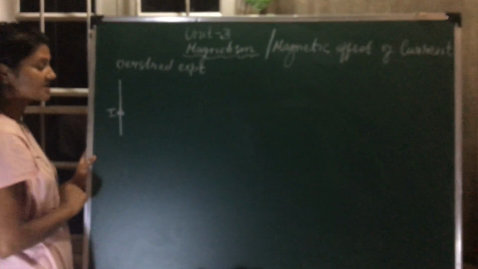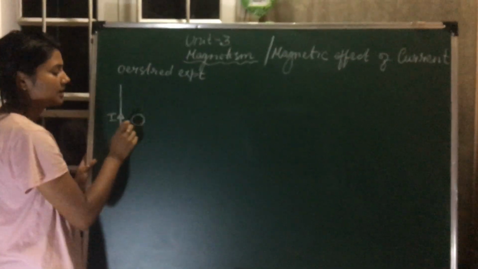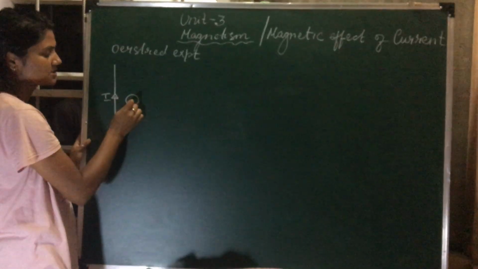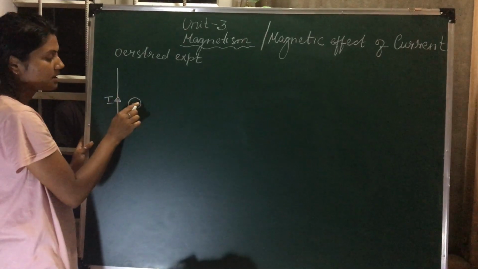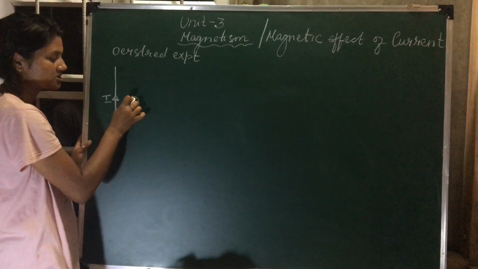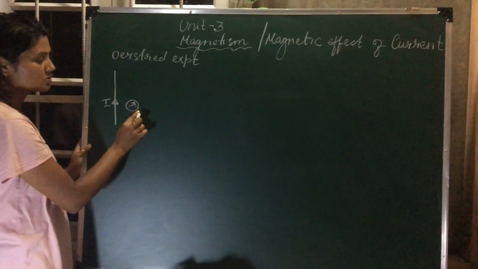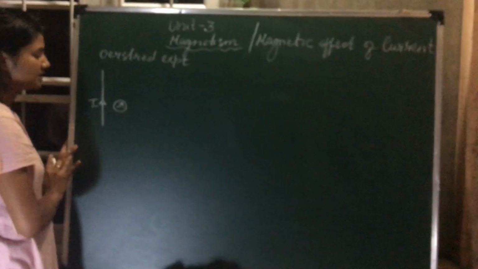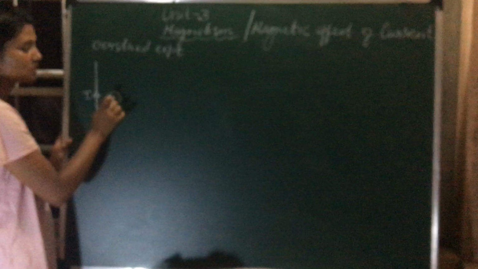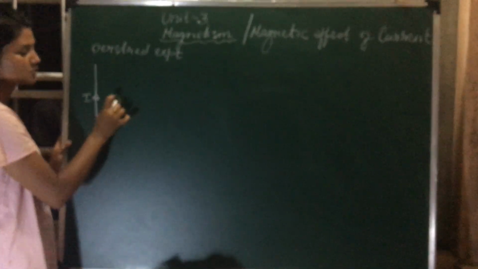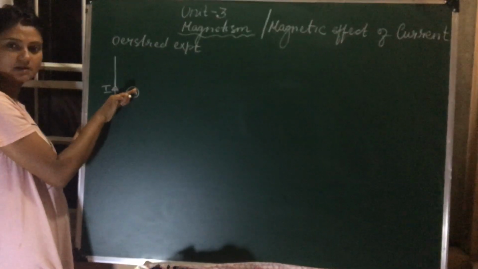Then it was found that a magnetic compass, when the current was passed, shows a deflection. When the current was off, the compass came back to its original place. Say the compass was previously pointing here, but when the current was passed, it shows the deflection.